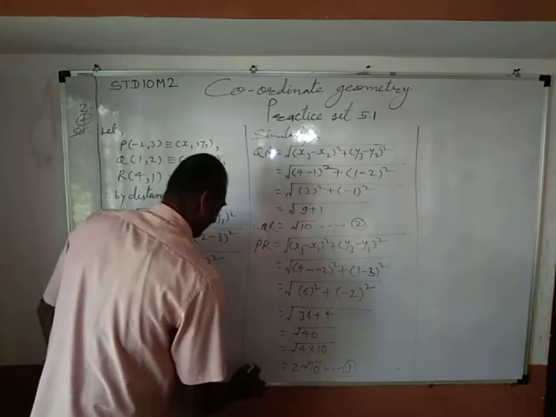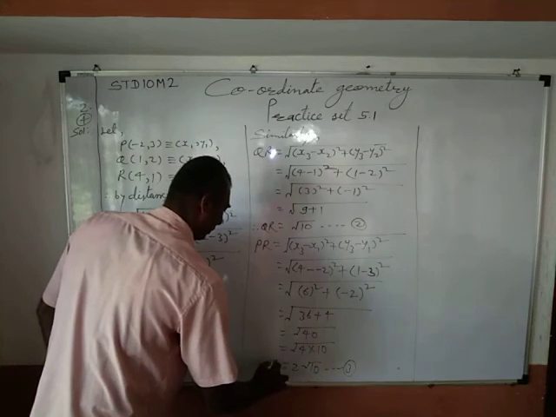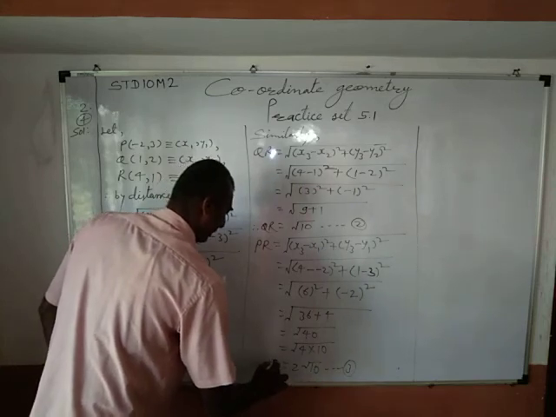Equation third. Therefore, PR equals 2 root 10.